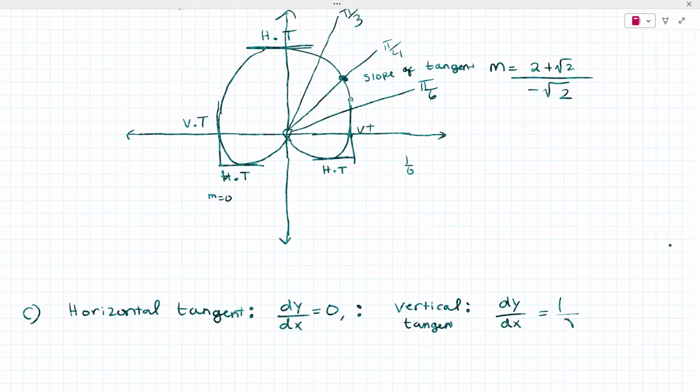So for the vertical tangent, we're going to set the slope to 1 over 0 or undefined. And for the horizontal, we're going to set the slope to 0.